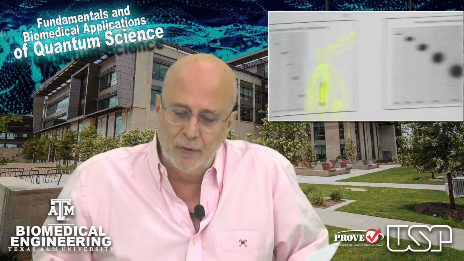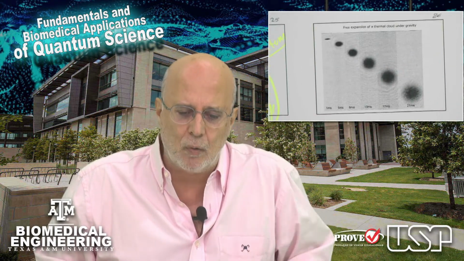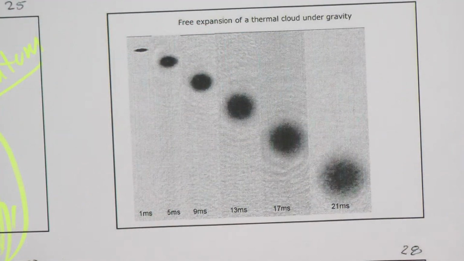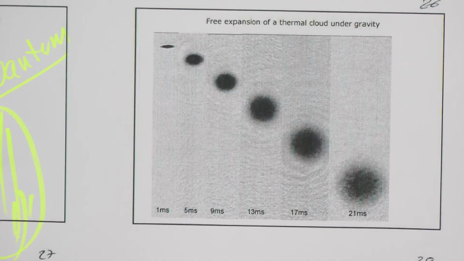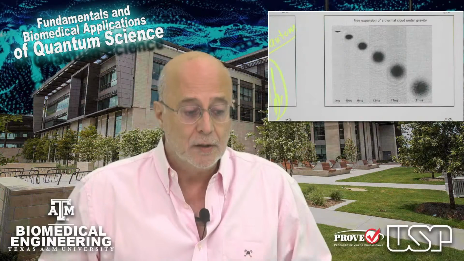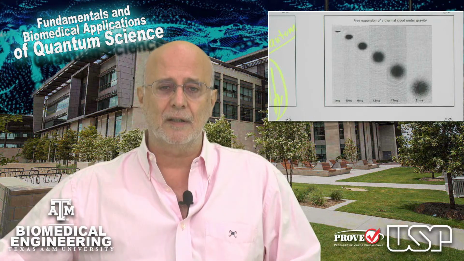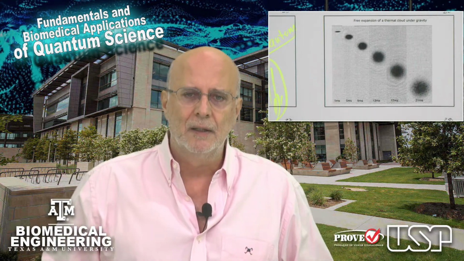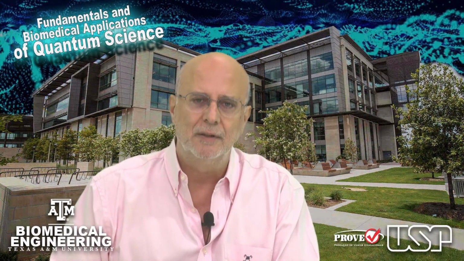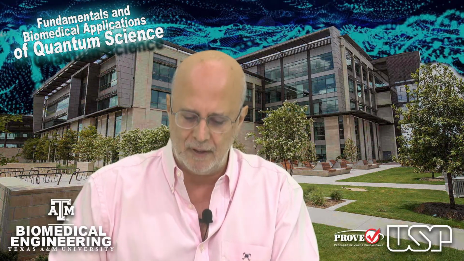If you do that in a gas that's not quantum, you don't observe that. What you observe is an isotropic expansion. The things expand isotropically. So this Bose condensation is a way to see by eye the real quantum mechanics in action.